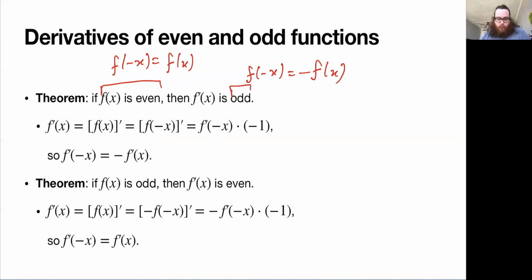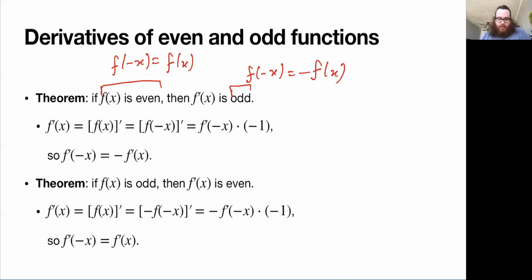What is the chain rule? Well, derivative of the outer function times the derivative of the inner function. So the derivative of the outer function is just f prime, the derivative of f, but now we're evaluating at negative x, the inner function, times the derivative of the inner function, which in this case is just minus 1.